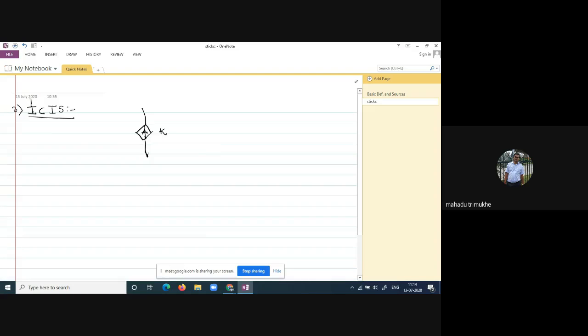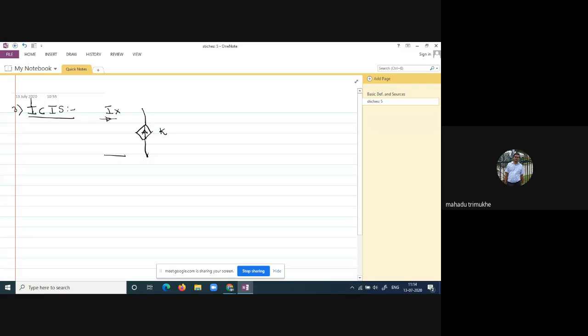Some current is also present in the electrical network, that is Ix. So our main current source K is available in the network, and Ix is also present in the electrical network.